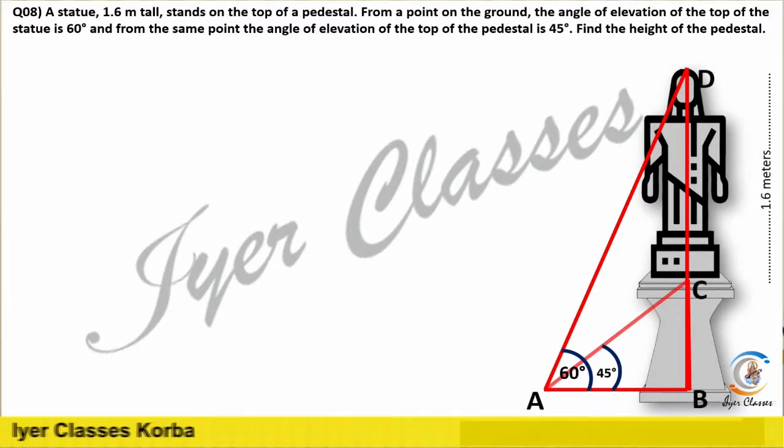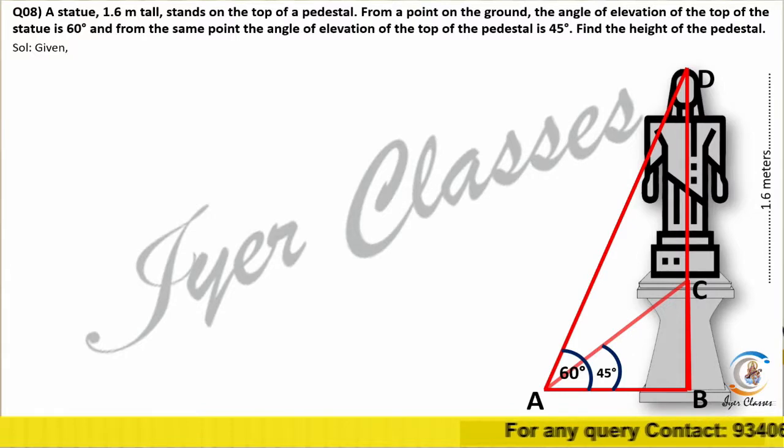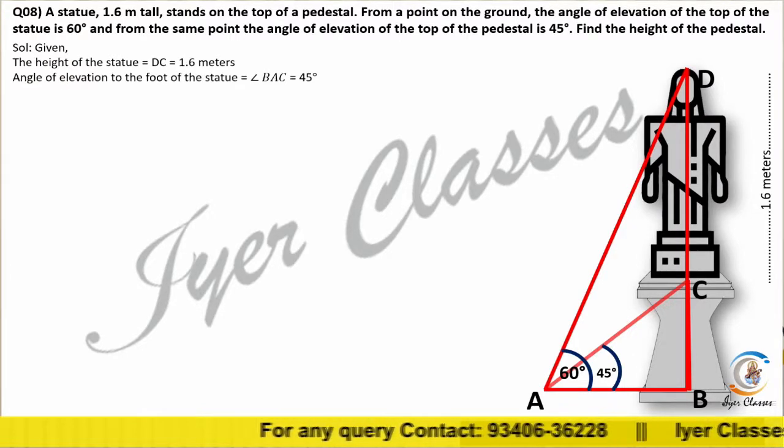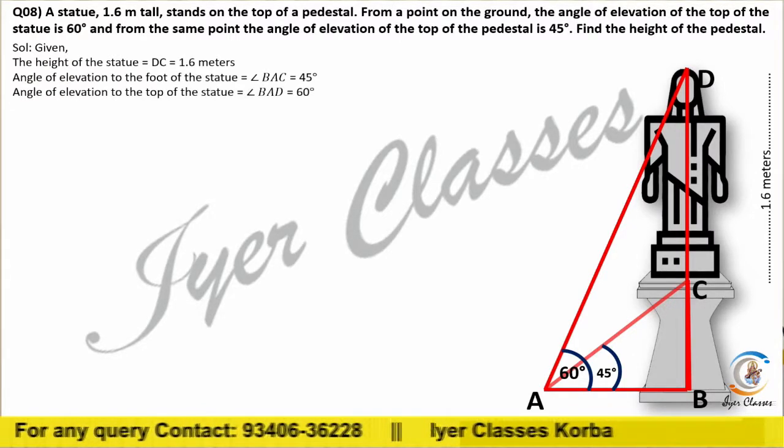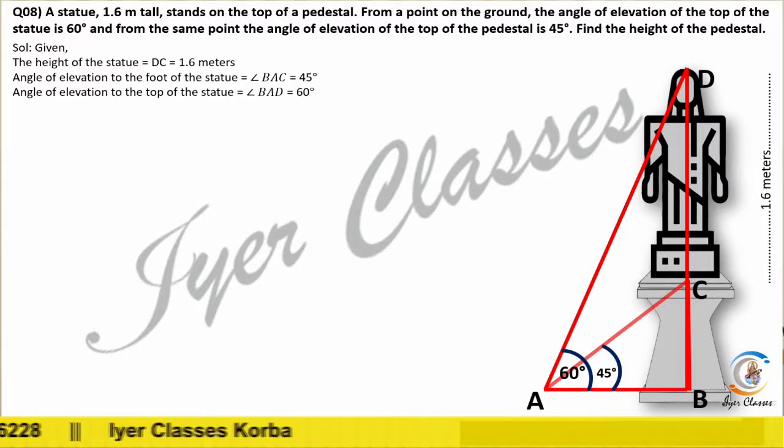Now let us name the triangles. A, B, C and D are the points on it. So you are given the height of the statue, which is DC, marked in this diagram, as 1.6 meters.